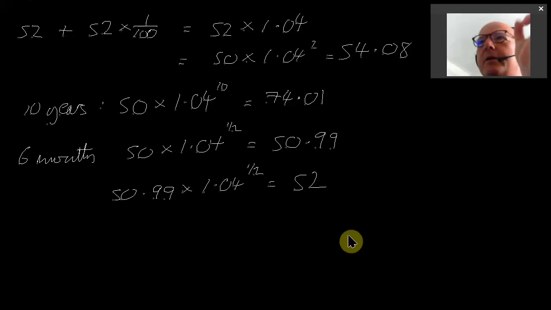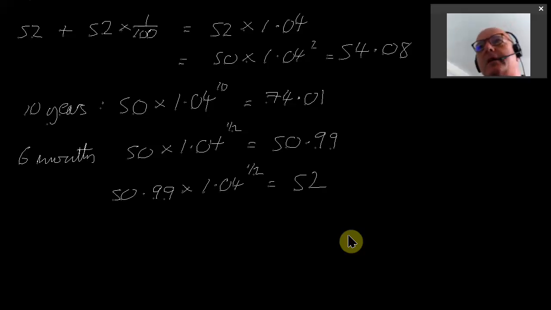And what we now need to look at is a concept called present value, where we turn the thing round. Instead of having £50 now and asking how much we are going to have in the future, we say, if we're going to have £50 in the future, how much is it worth now? Or in other words, how much do we have to put in the bank now to have £50 in the future? This is particularly relevant because in life assurance and in pensions, we promise certain amounts of money in the future.